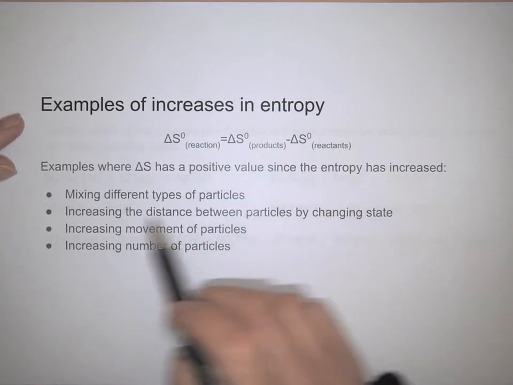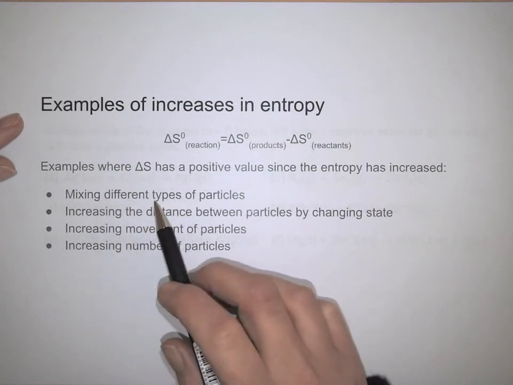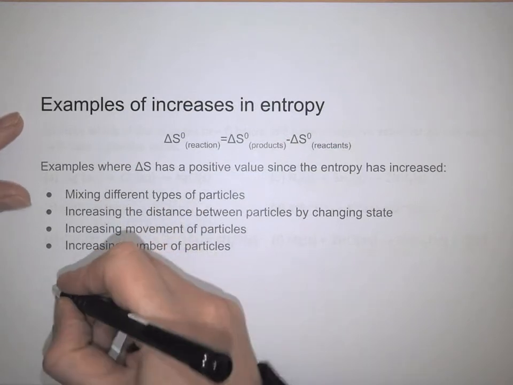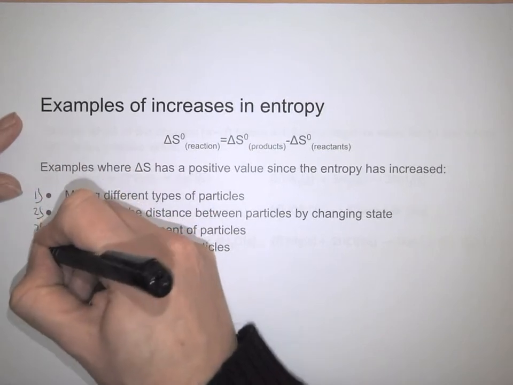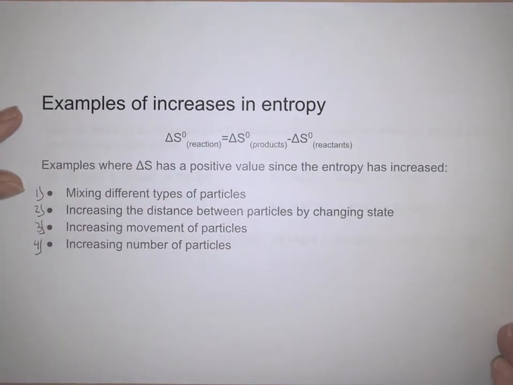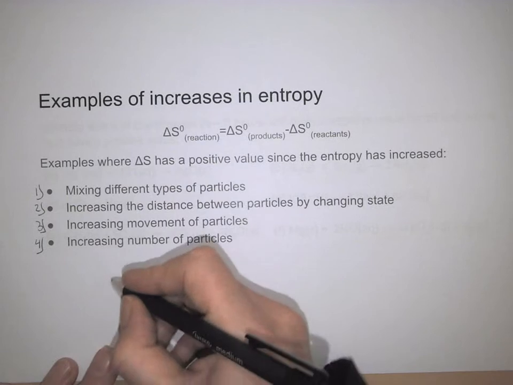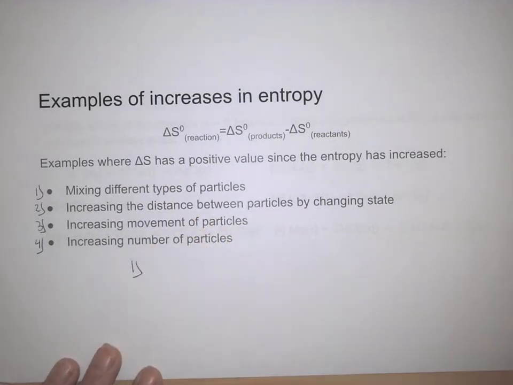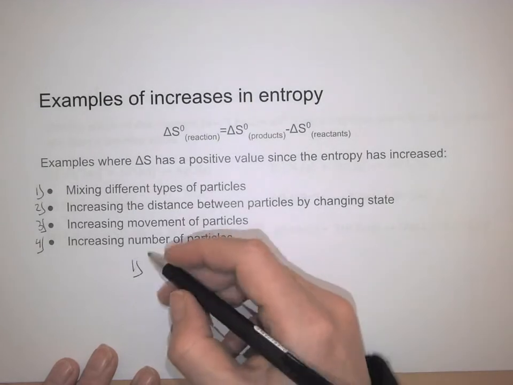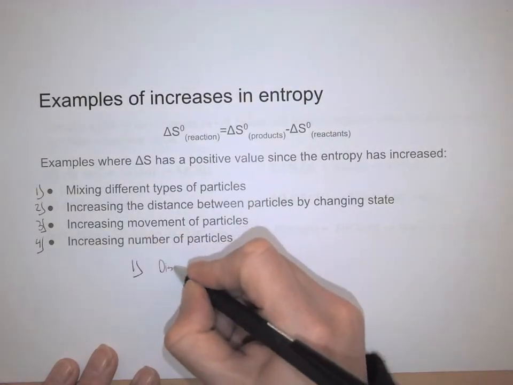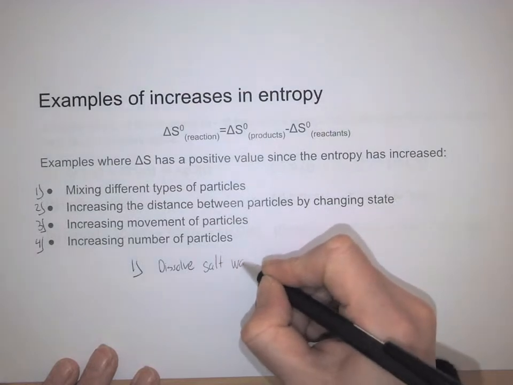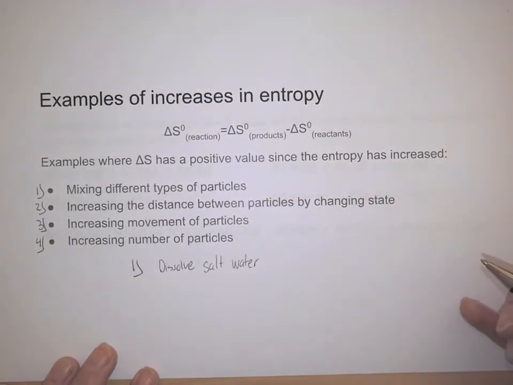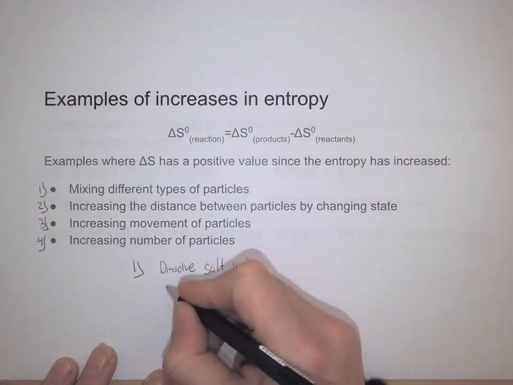One example is if you mix different types of particles. So if we state this is 1, this is 2, this is 3. And I will give you some real examples also. For the first one here, if you're mixing different types of particles, that is one way we can see the entropy will increase. For example, if we dissolve salt in water. That is one way to increase the entropy for this system.